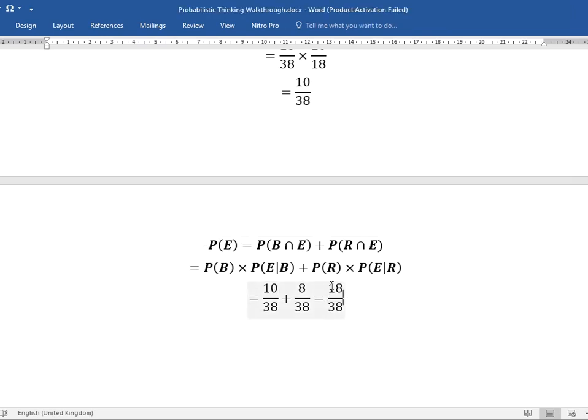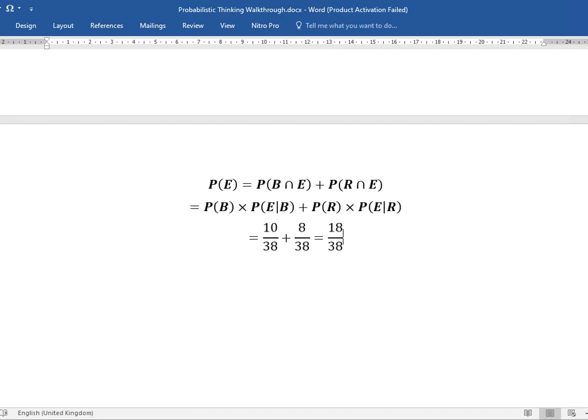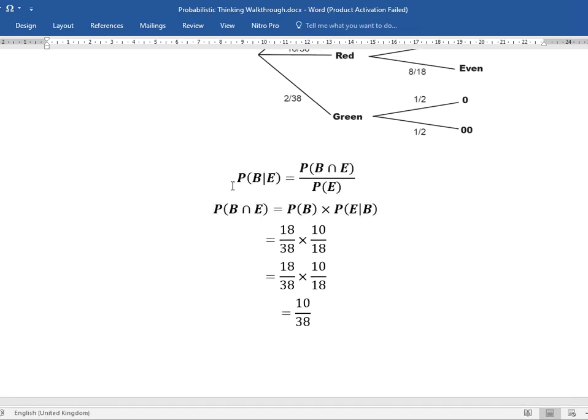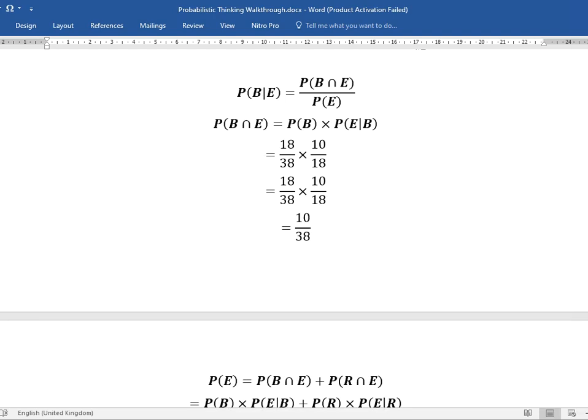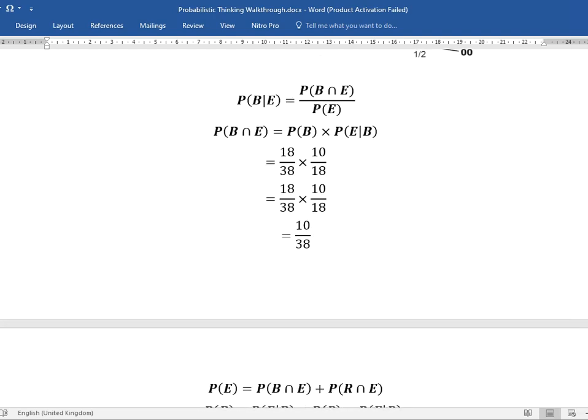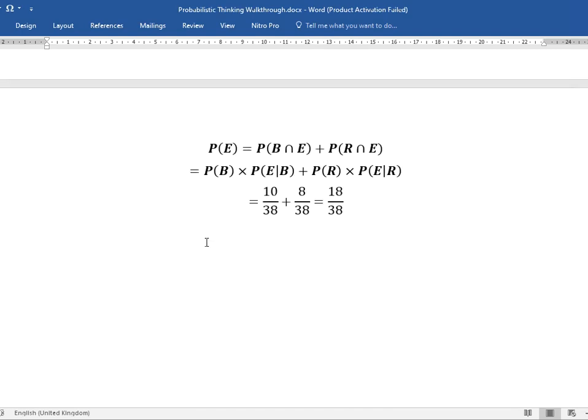So we've been able to get these values by expressing them in terms of prior and conditional probabilities. Now we can come back to this and chip in our results.